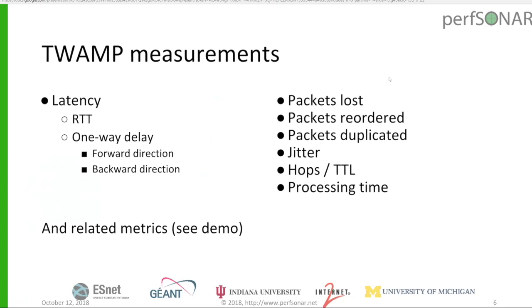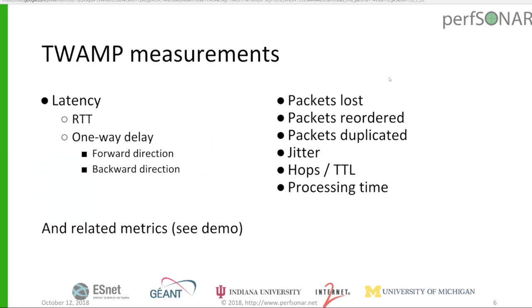And although TWAMP is named a two-way measurement protocol, it's still possible to get one-way metrics. You can still have those endpoints synchronized, and you can then get the one-way delay values, for the forward direction and the backward direction.